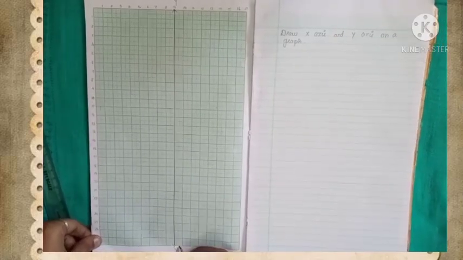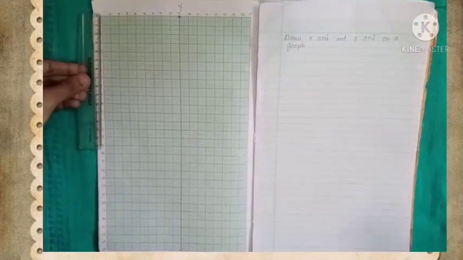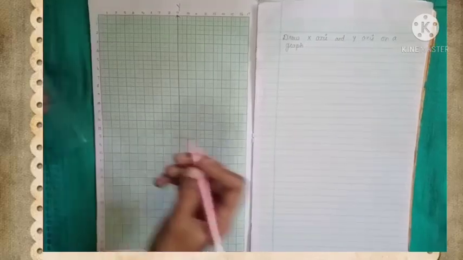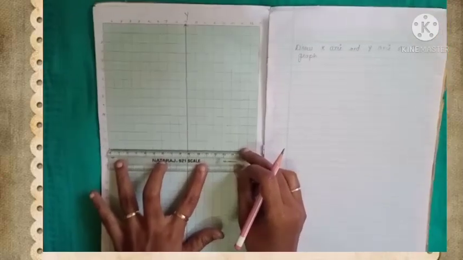Next we'll move on to the horizontal line. In the side you can see from 0 till 28 it is present. Half of the 28 is 14. Half of the 28 is what, children? 14. So on the 14th line you're going to use a ruler and pencil to draw a line above the dark line.